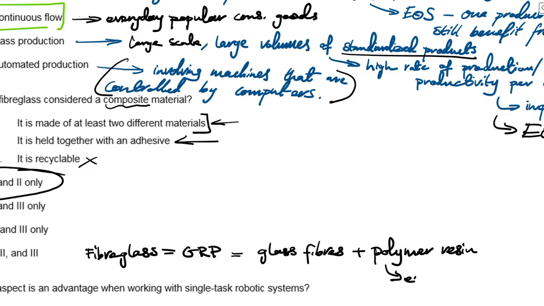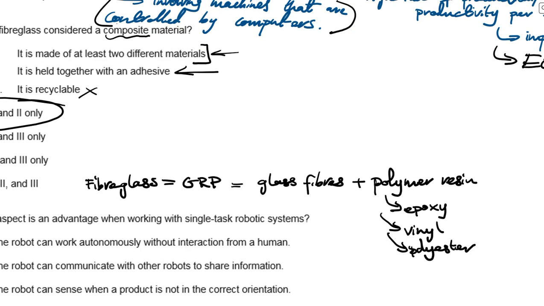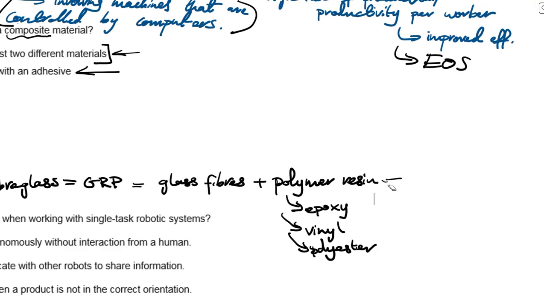So we have things like the resin is epoxy, right? That's our thermoset. And then we have polyvinyl. We can have polyester as well. And then we have some additives, right? That combine the two materials and make them set.